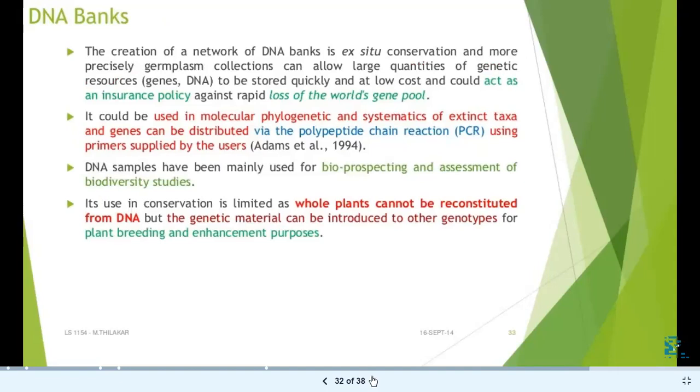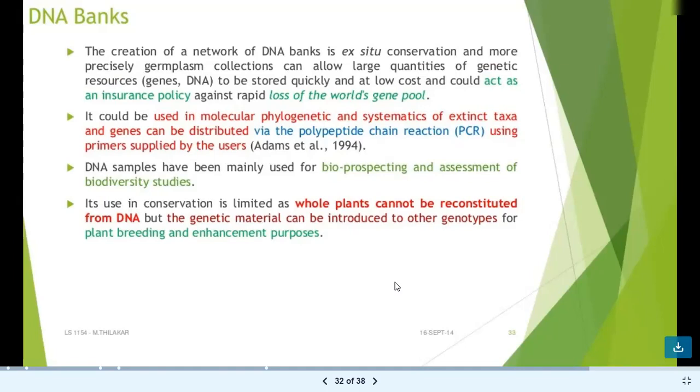DNA bank. The creation of a network for DNA banks is an ex situ conservation method, and more precisely, germplasm collection can allow large quantities of genetic resources, mainly in the form of genes or DNA fragments, to be stored quickly and at low cost, and could act as an insurance policy against rapid loss of the world gene pool.